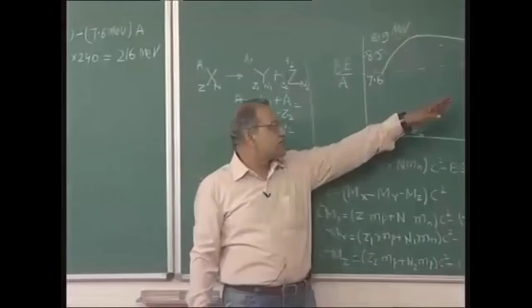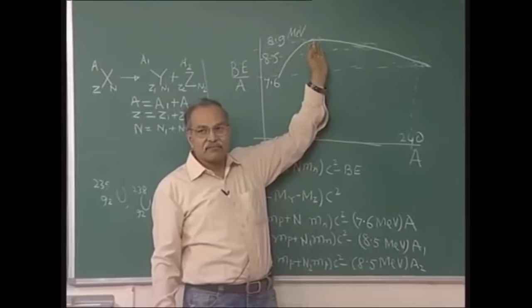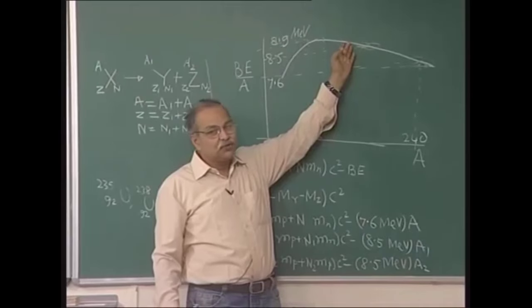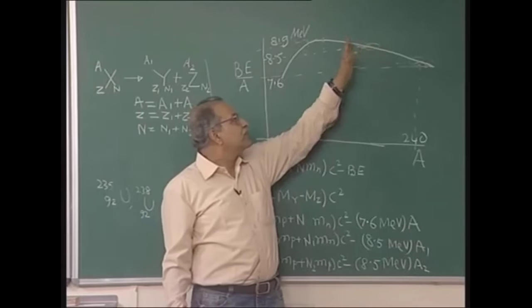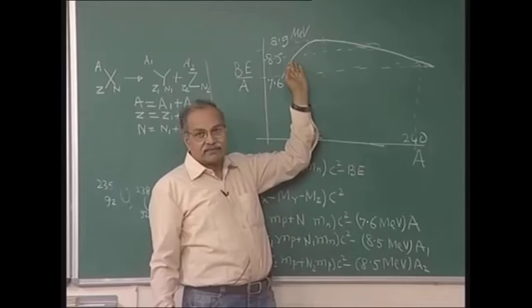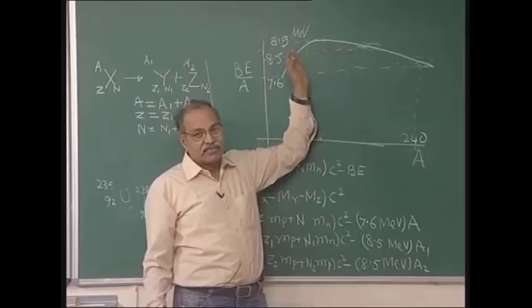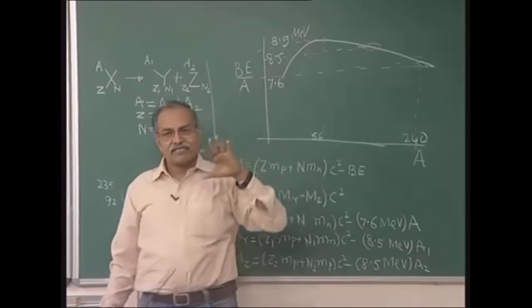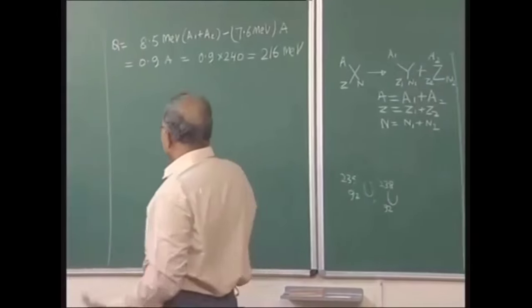So, as long as the split nuclei are on the right side of this maximum, you will gain energy and this reaction will be energetically favorable. But if I start with a nucleus here and the split parts go this side, then one has to see which rest mass is less and which rest mass is more. A simple calculation can be made using the semi-empirical mass formula.